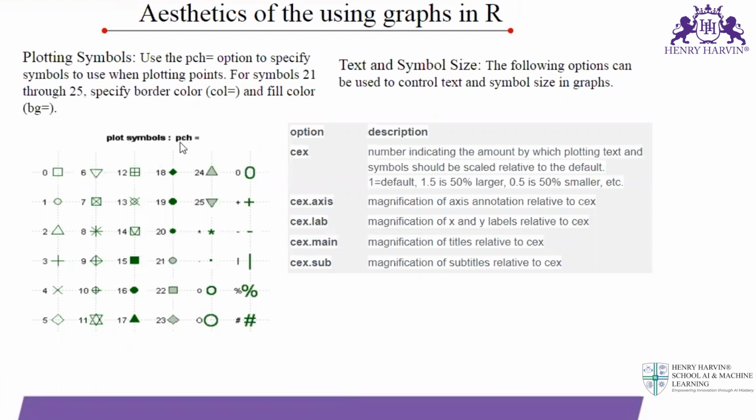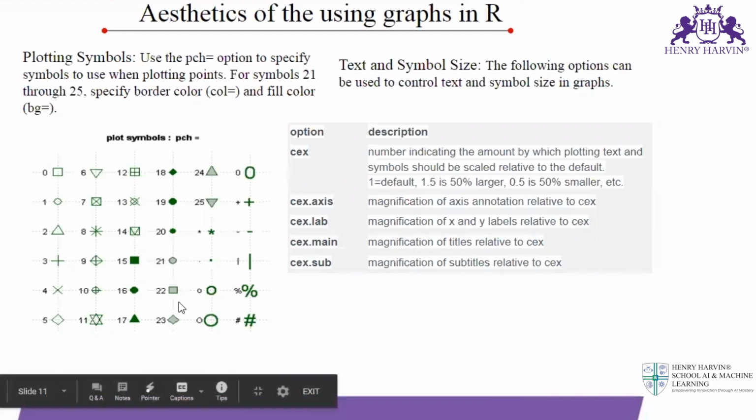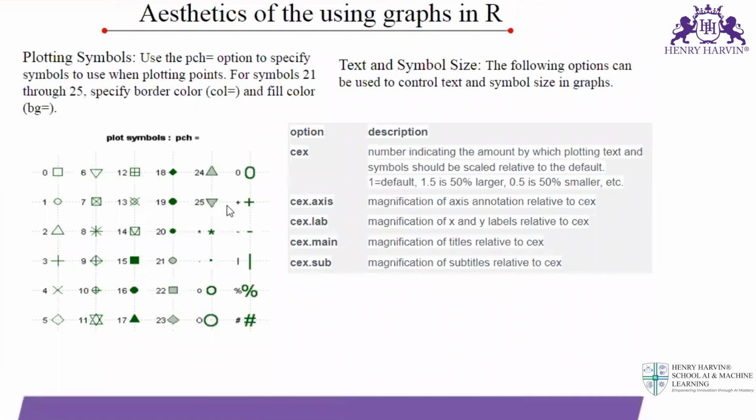So you can type pch equal to the number of that symbol. If I want to take a big circle, it is 21 here. If you want to take a square sign, it is 22, and downward arrow is 25. So similarly you can take different types of symbols.